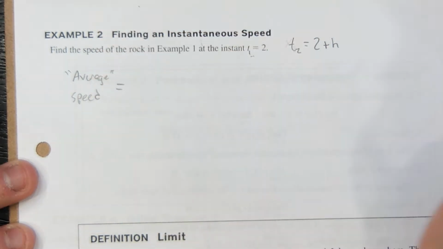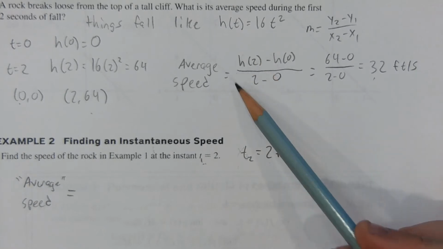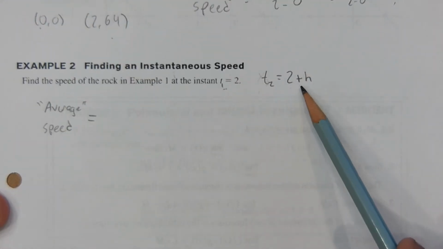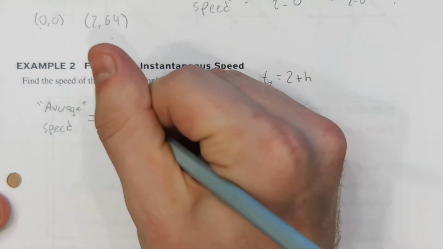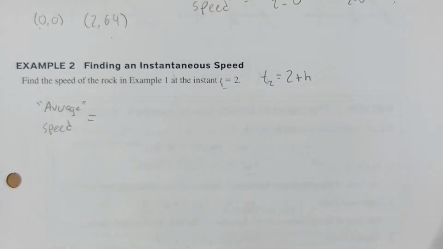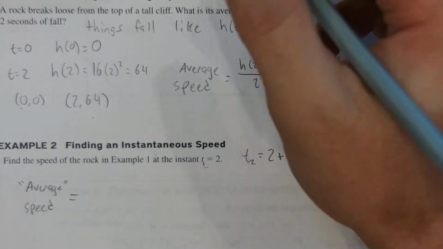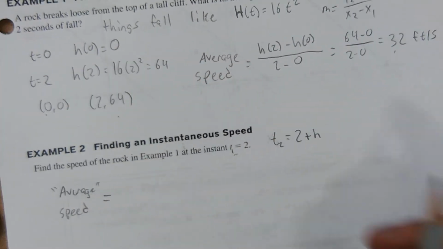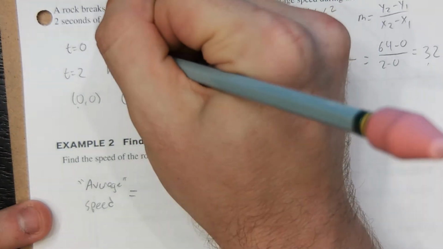Well, up here, you saw me plug in the second t value. So when we plug it in, we have, uh-oh, I used h twice, didn't I? I know how to fix that. Capital H, there we go. Let's use capital H's everywhere.